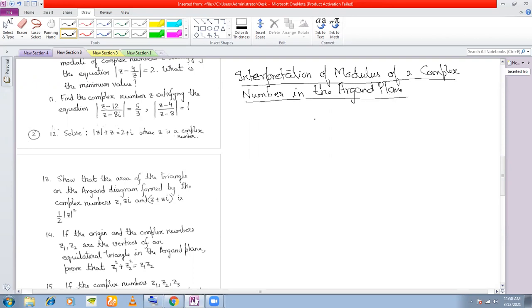Now you already know that a complex number on the Argand plane or the complex plane is a point. This is the origin. This is your real axis, and this is your imaginary axis.